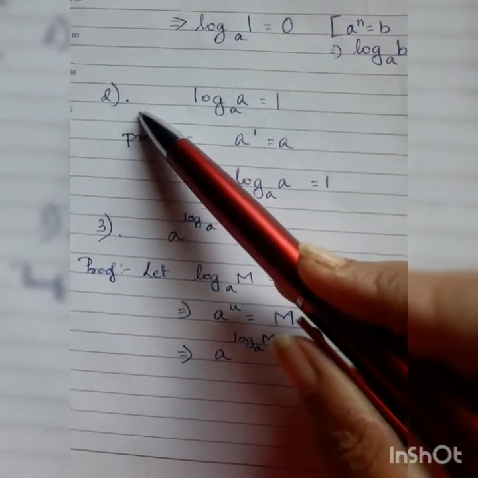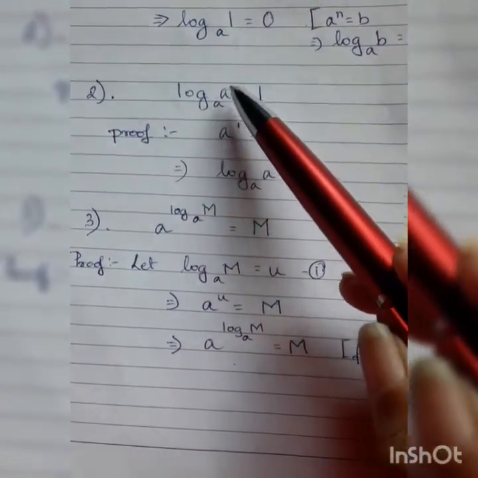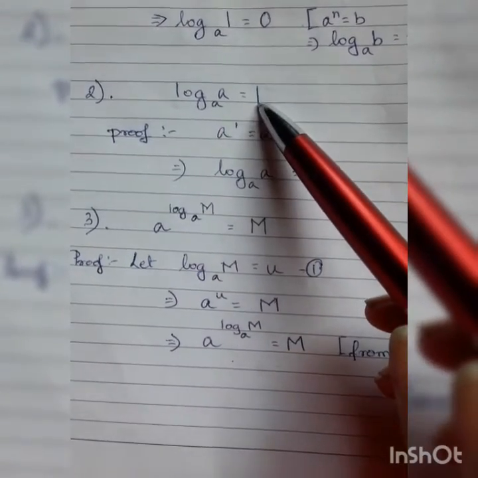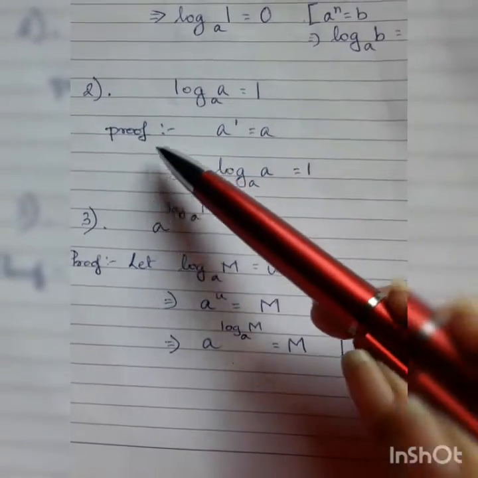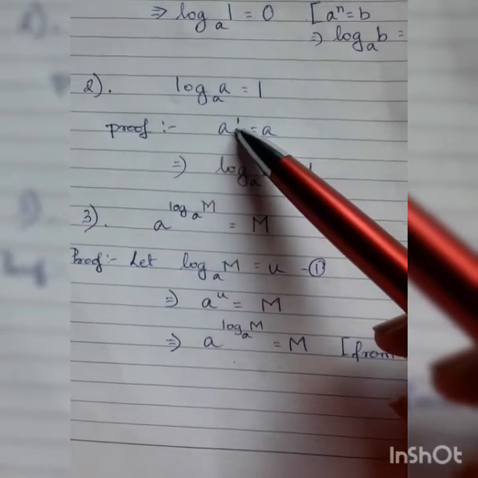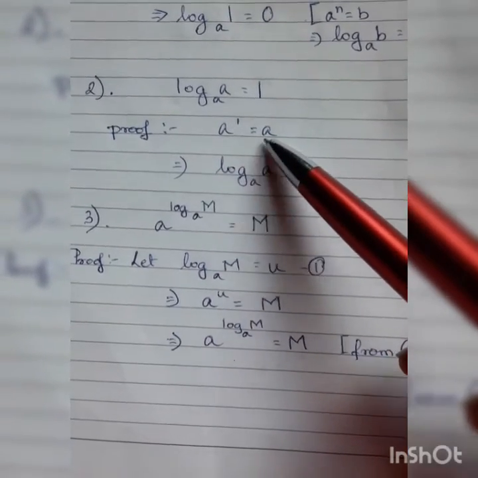In our second formula, we have log a to the base a equal to 1. Now let us check the proof. a to the power of 1 is equal to a. This is very obvious.